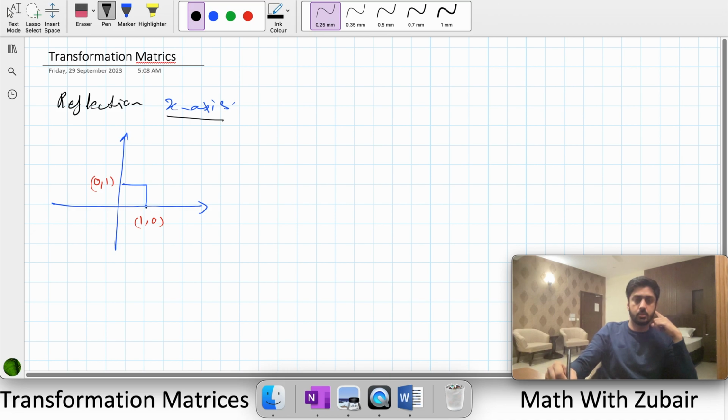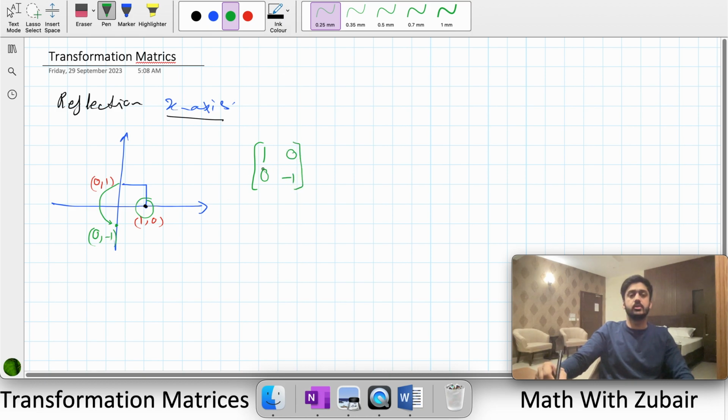So this point after reflection will stay here, and this point after reflection will come over here and become x0, y minus 1. So reflection in x-axis, the matrix is, first you have to write this point, that is x1, y0, and then this point which was on y-axis, that is 0, minus 1. So this is the matrix of reflection in x-axis.